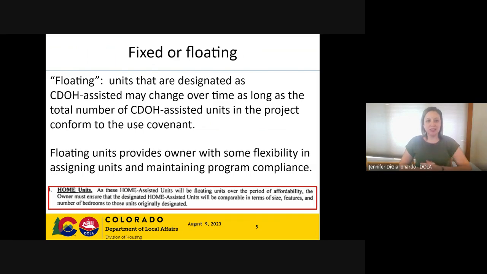You'll see in this example, these home-assisted units will be floating units over the period of affordability. The floating units are our typical current practice, and that's what we typically see in our use covenants. If it's unclear if your units are fixed or floating, please do reach out to your asset manager.